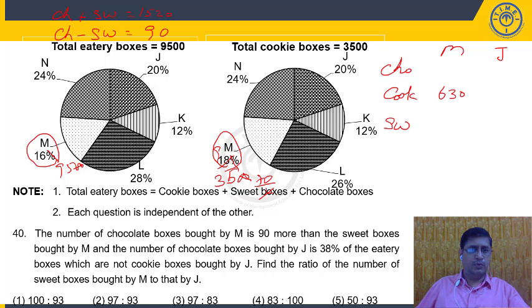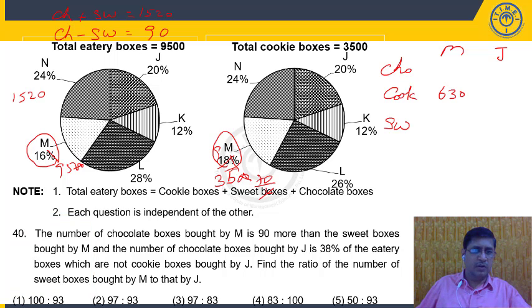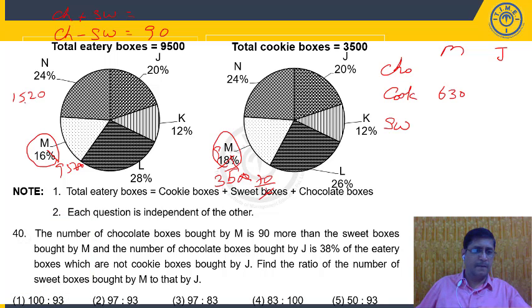So 1520 is the total eatery boxes. From that total we need to subtract the 630, so it is 890.